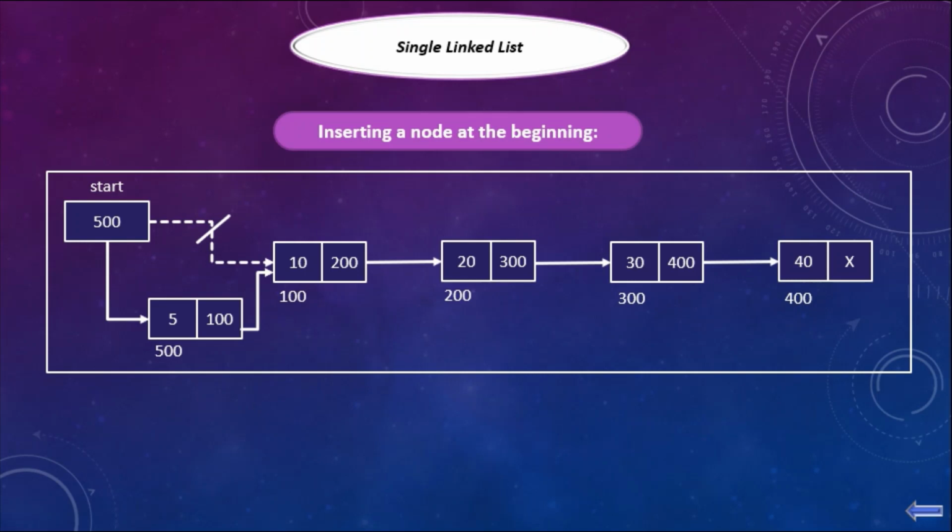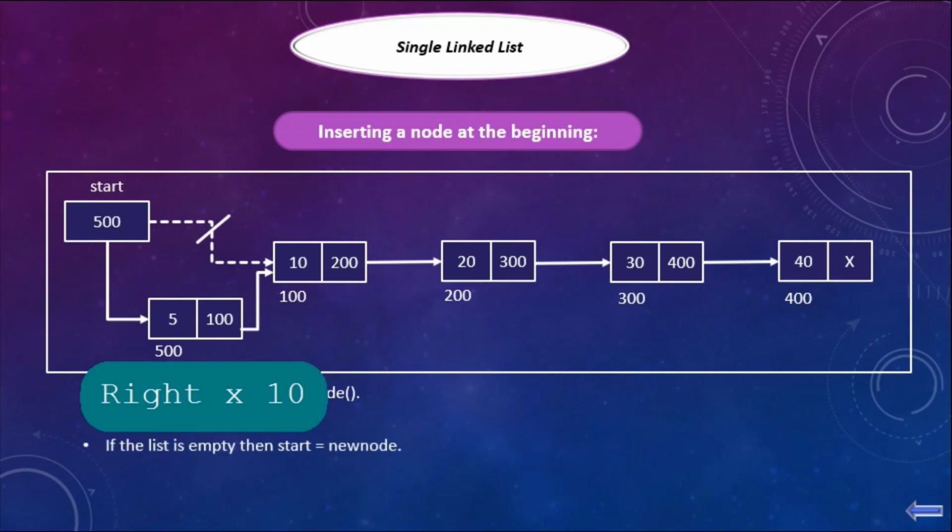First we are going to get a new node using the getnode function, by writing new node is equal to getnode, and the function returns a new node into the new node variable or pointer. And after that we will check whether the linked list is empty or not.